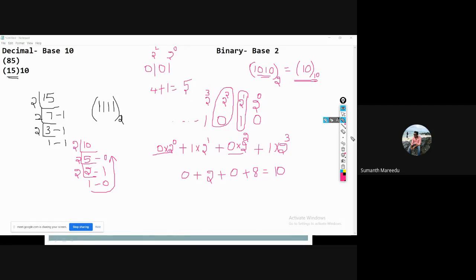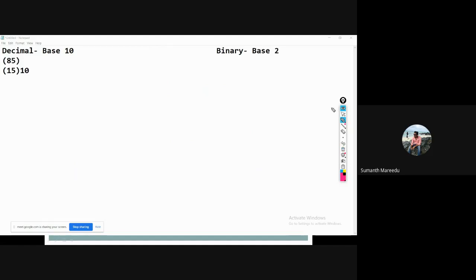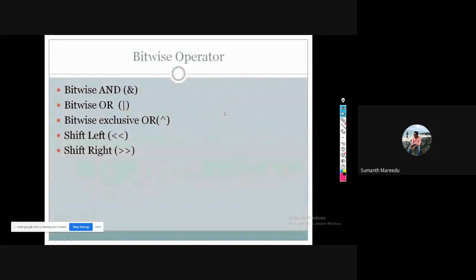So clear about this now? Yes, sir. So now our task is this: bitwise operators are applicable on binary values. Every number you give is converted into binary format, and these operators are applied on that binary number.